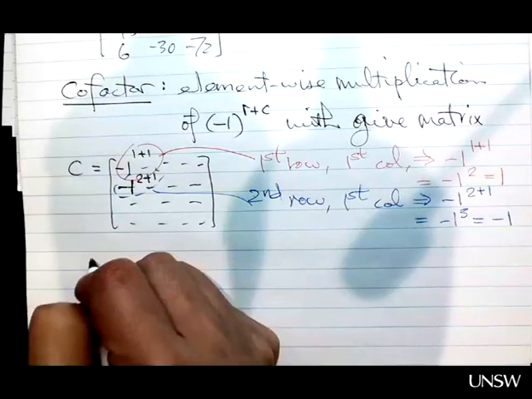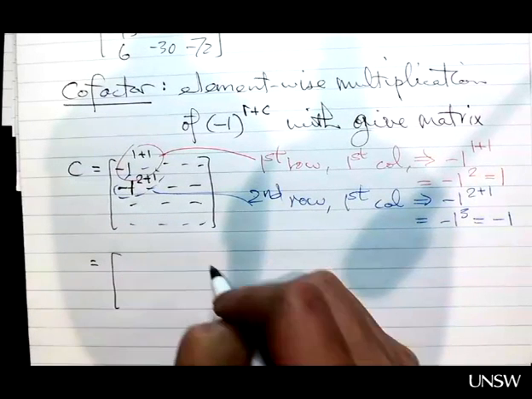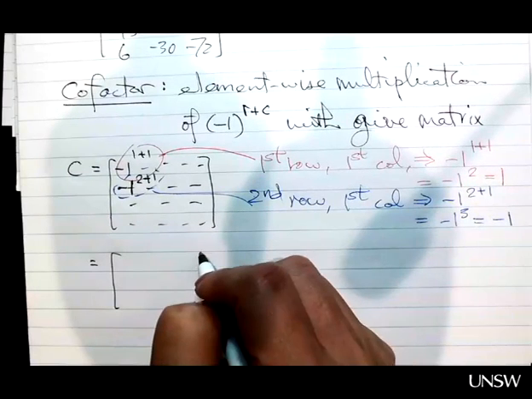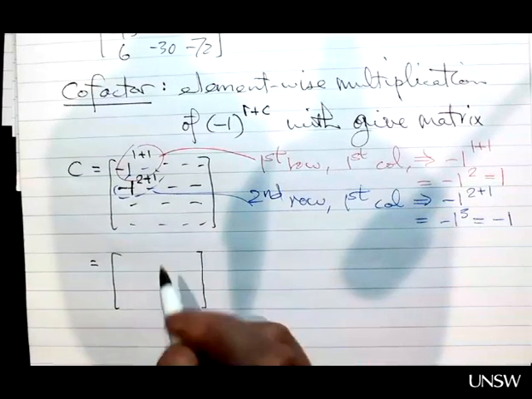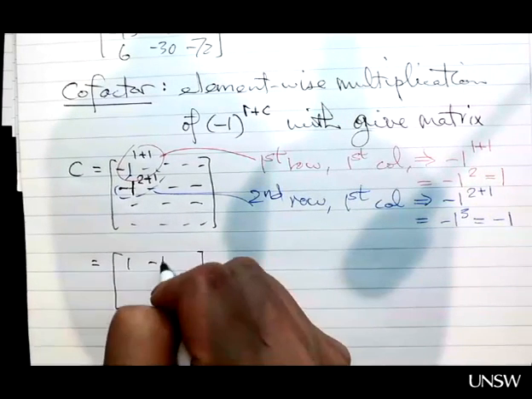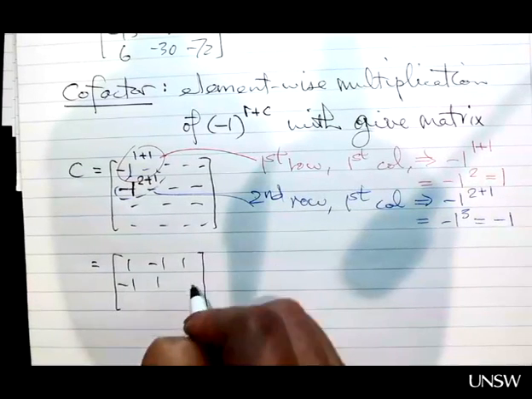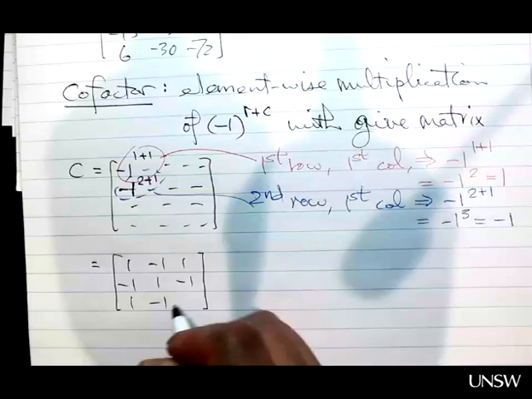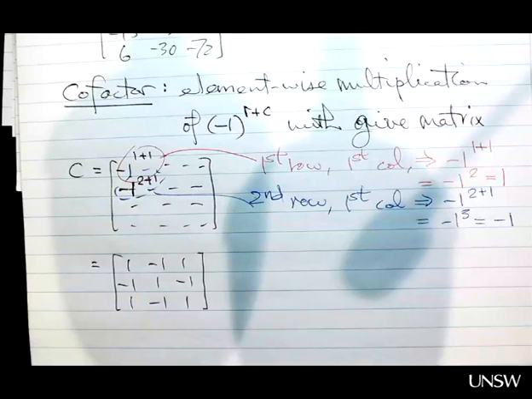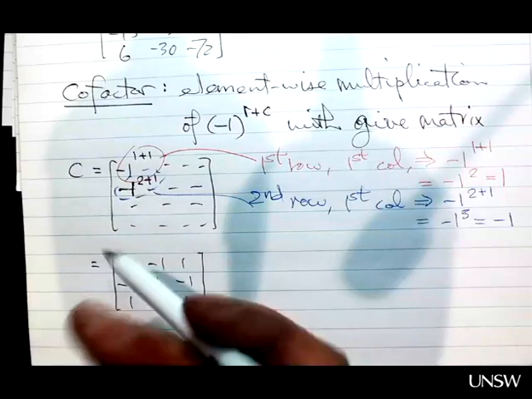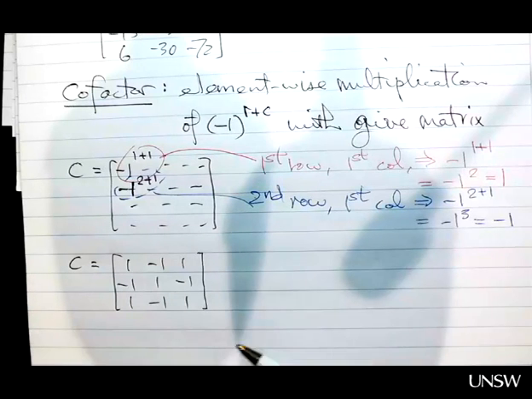So in our example for a 3 by 3 matrix, it is 1, -1, 1. So for this cofactor matrix, is it okay, seeing how it is obtained?